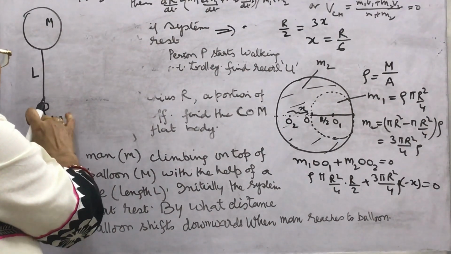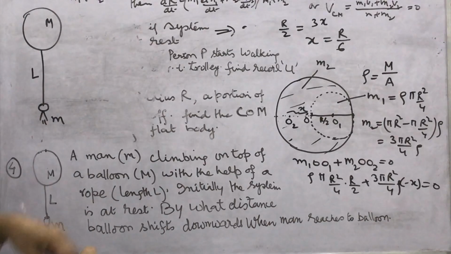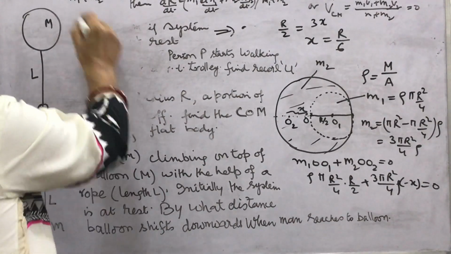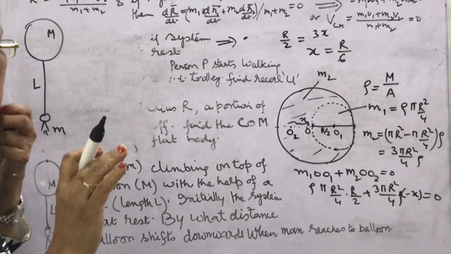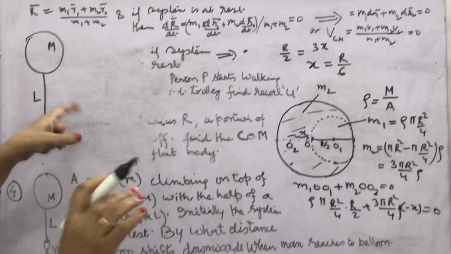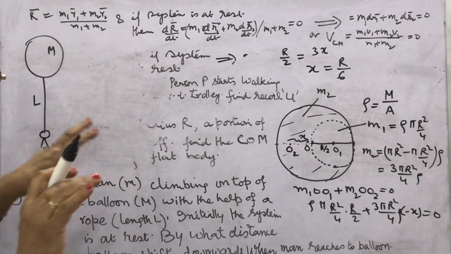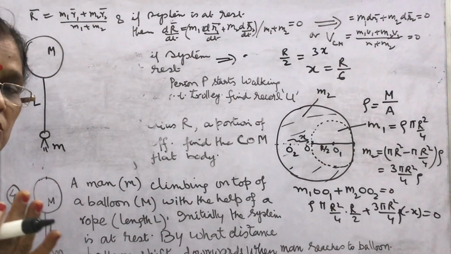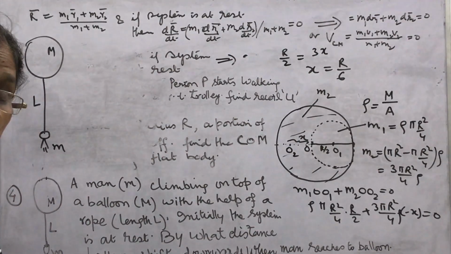When the person climbs, the balloon will come down. In this system there is no external force, that means F external is 0. Whenever the external force on the system is 0, the total momentum remains conserved.